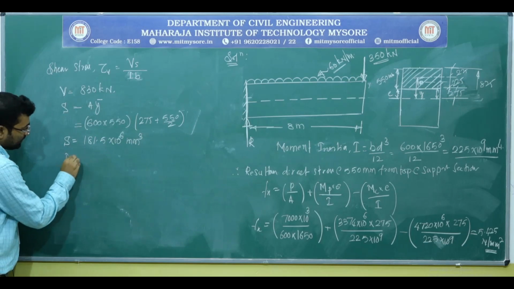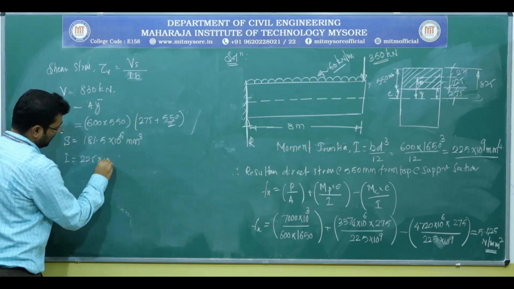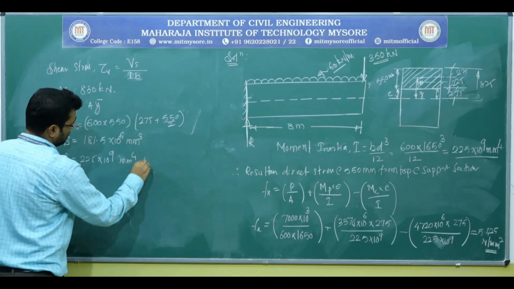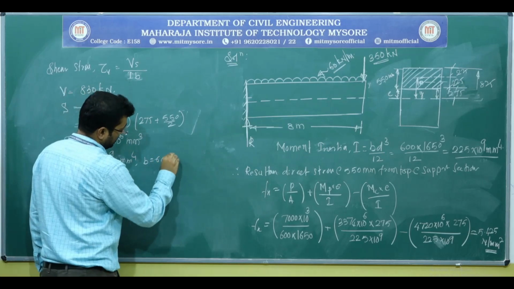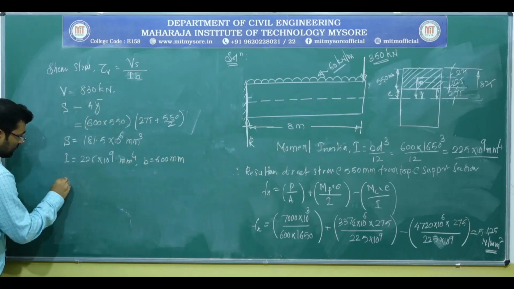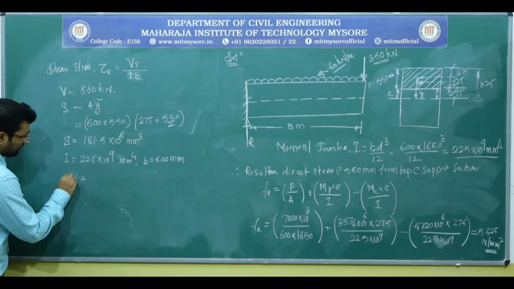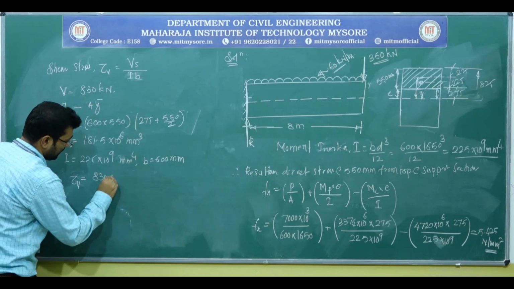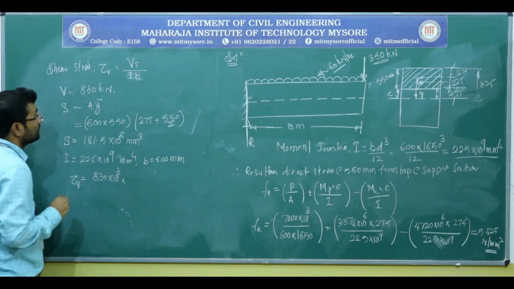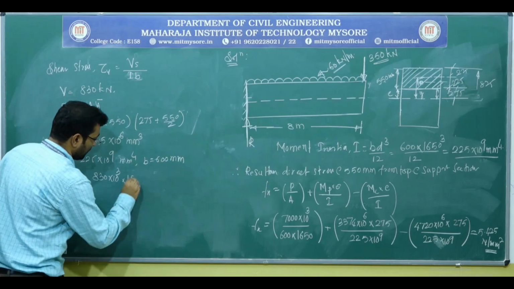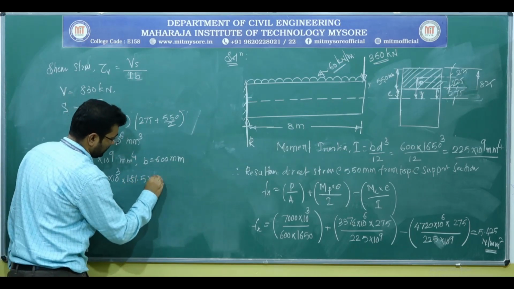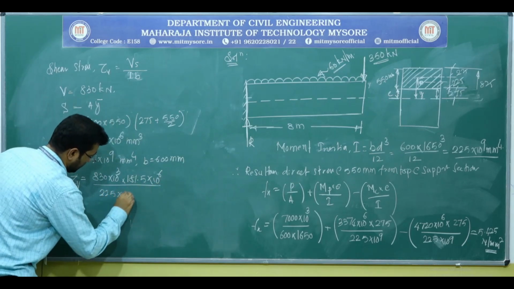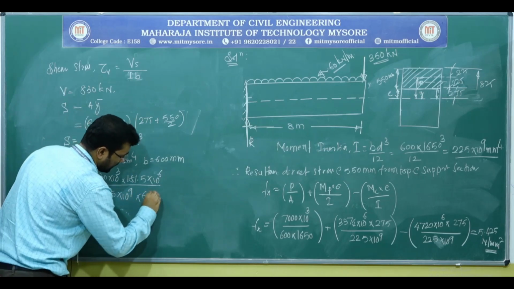Then I, we know that it is 225 into 10 to the power 9 millimeter raised to 4, and B is about 600 millimeter. So if I substitute all these in the formula, that is tau v is equal to 830 into 10 to the power 3 into S, which is 181.5 into 10 to the power 6, whole divided by 225 into 10 to the power 9 into 600.